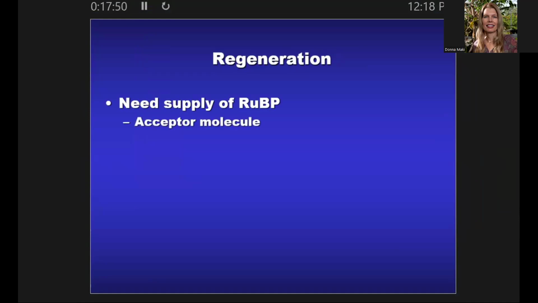So just be aware that people often call the RUBP the acceptor molecule of the Calvin cycle. That just means that it's accepting and reacting with carbon dioxide. So they refer to it that way. But basically, you got to have enough RUBP made up and ready to go so that as the CO2 is coming in all day long, it can react with it.